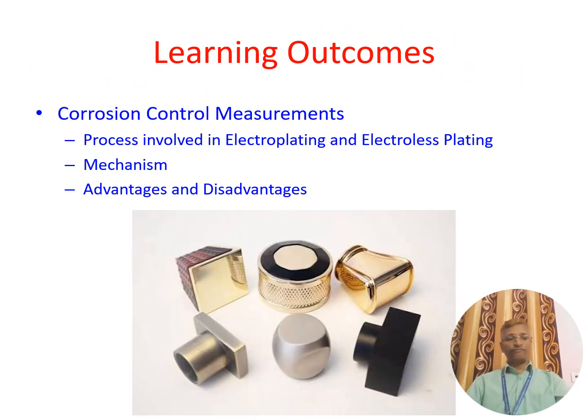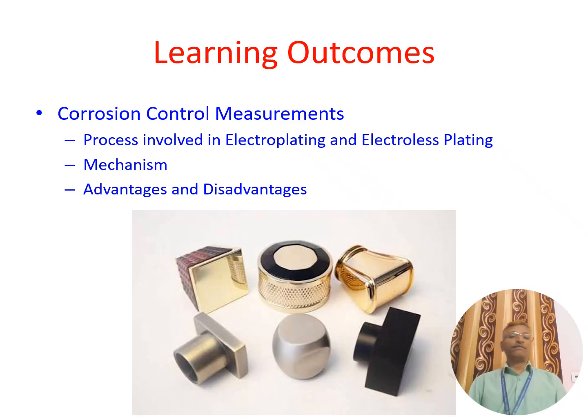So, from this lecture, what are the learning outcomes? Corrosion control can be effectively carried out in two different ways: by selecting the metal, and by protecting the metal from the environment. Those two things were explained already.